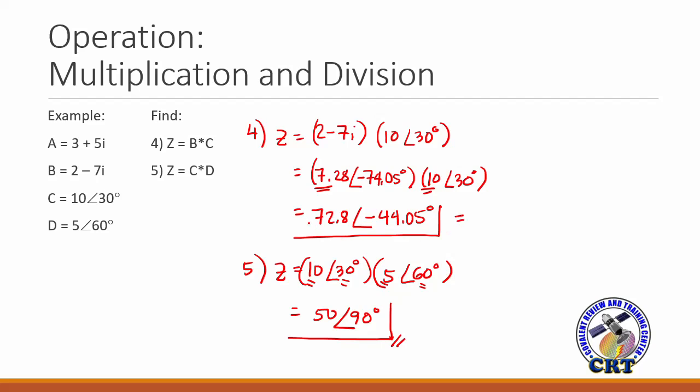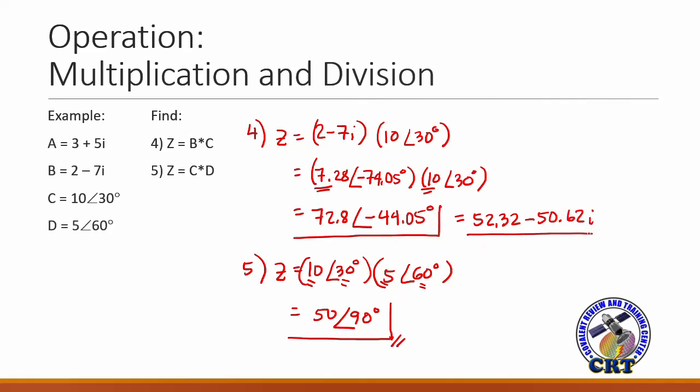So let us check the answer for number 4. Convert that to rectangular: 72.8 and negative 44.05 degrees. And this will give us 52.32 minus 50.62i.